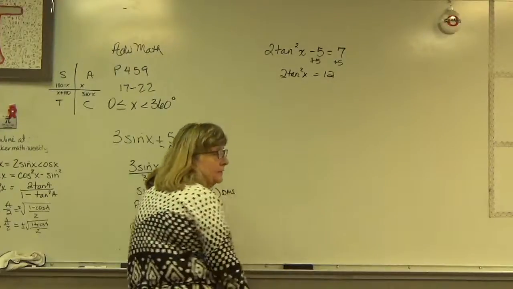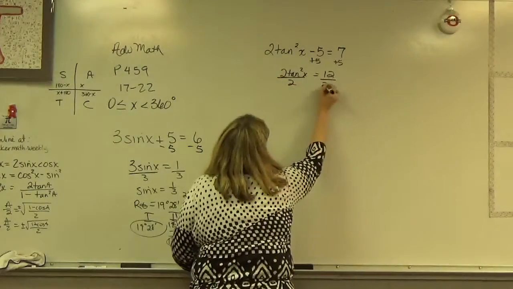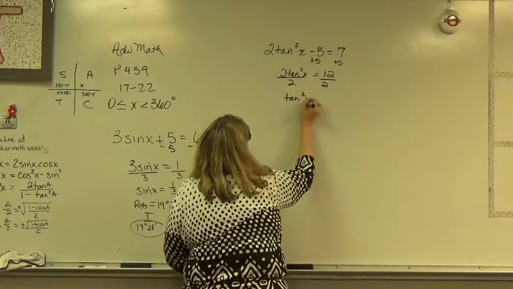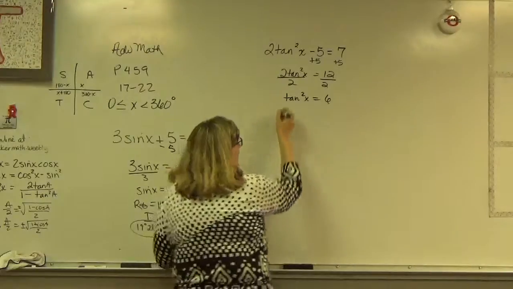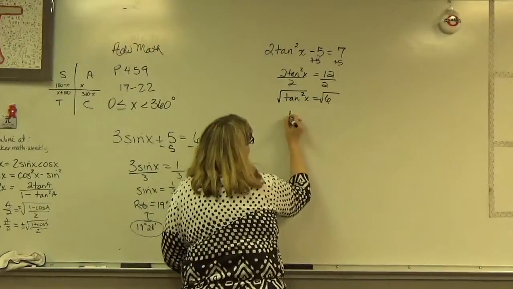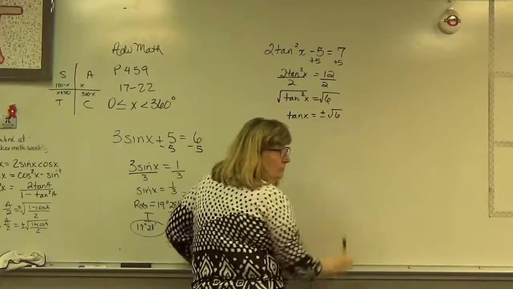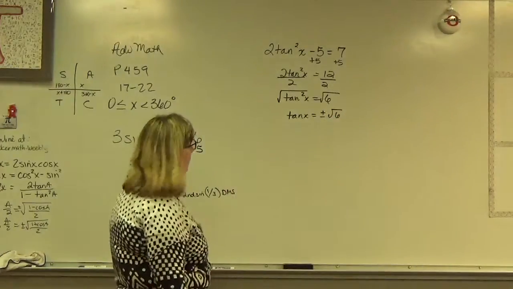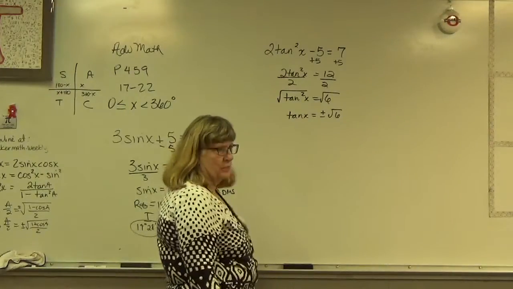Then what would be the next step? Divide by 2. Bless you. And then square root it. Which when you square root it, that gives you positive and negative answers. Square root of 6 is just square root of 6, right?